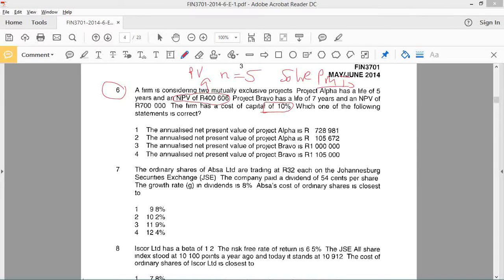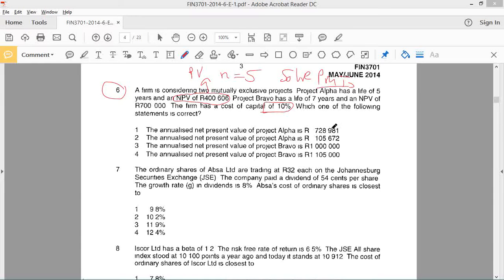Do you have the question in front of you? I do. Can you work it out quickly? NPV for A. So obviously your PV for A would be the 400,606. Yeah, 100%. When I tried to do it yesterday, I just had a bit of a brain freeze and couldn't remember how to.